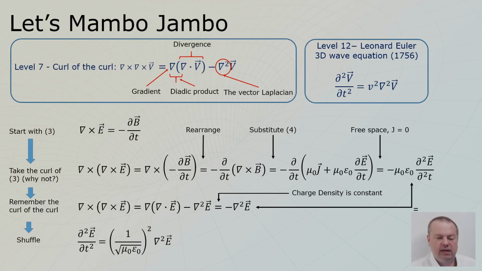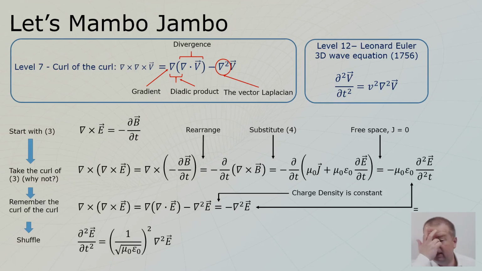He told us that if this equation holds true for a random vector field, the second derivative of the vector field with respect to time is some constant times the vector Laplacian of that vector field, you have a three-dimensional wave.